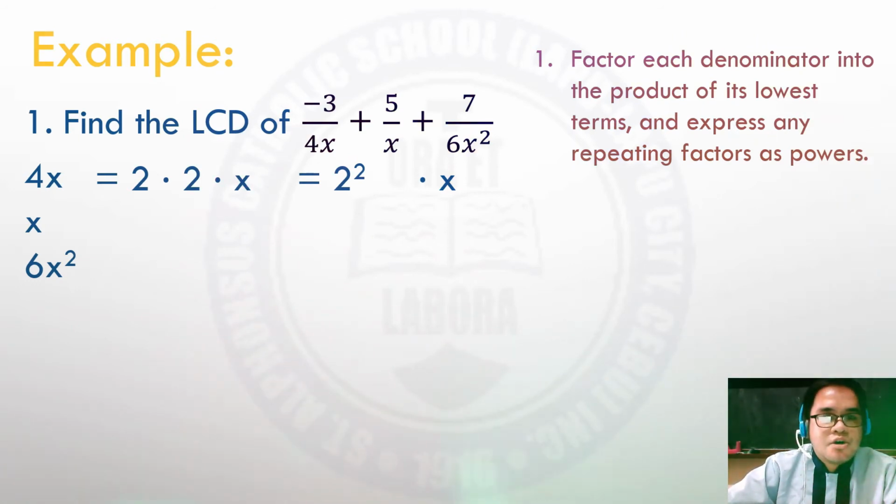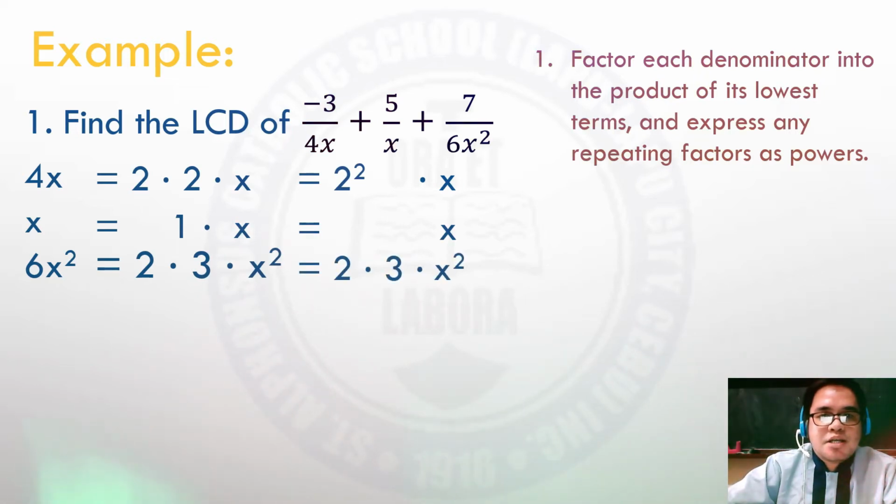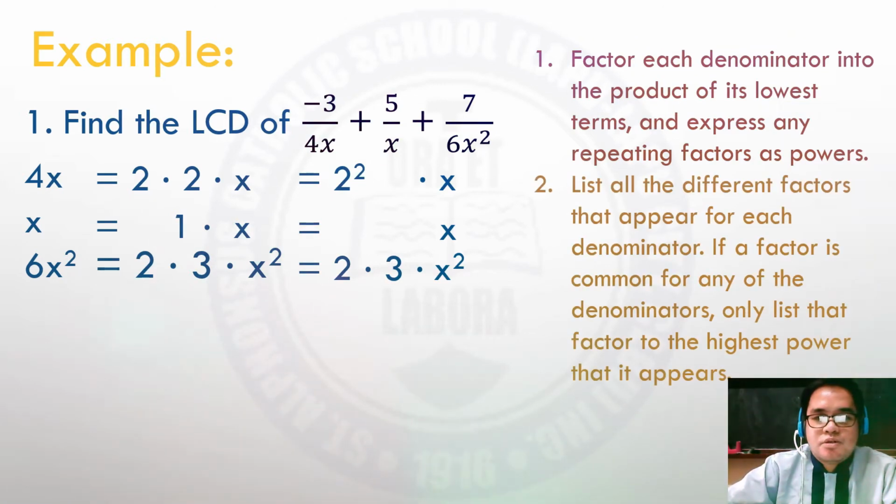The factors of x are 1 and x, or it can be written as x. The factors of 6x squared are 2, 3, and x squared, or it can be written as 2 times 3 times x squared.